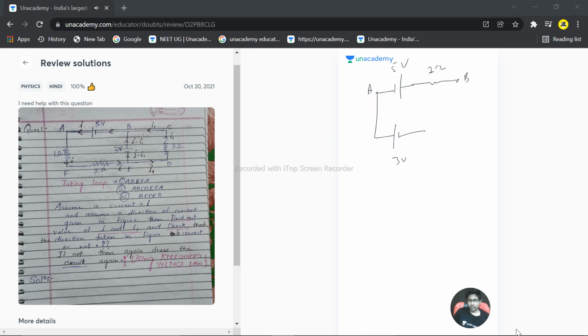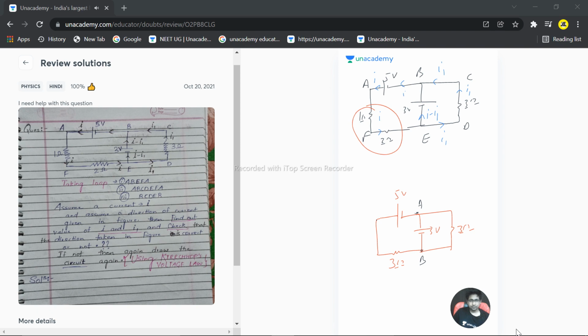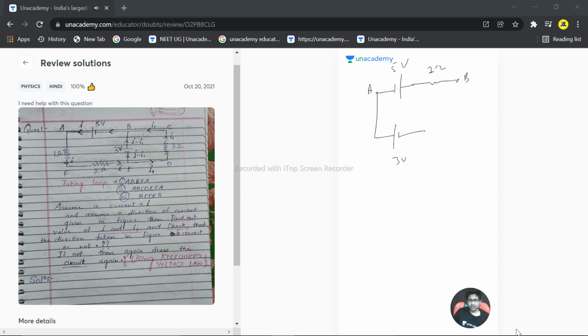This is connected to 3 ohm, but A and B both ends are connected to that 3 ohm resistor.